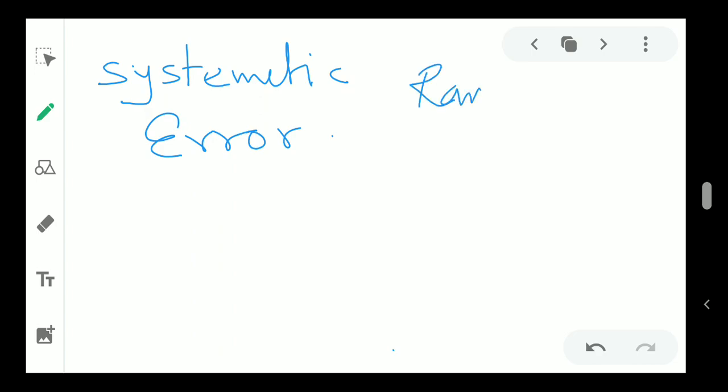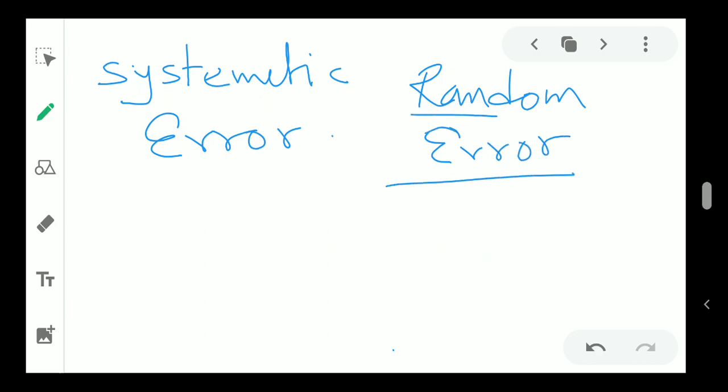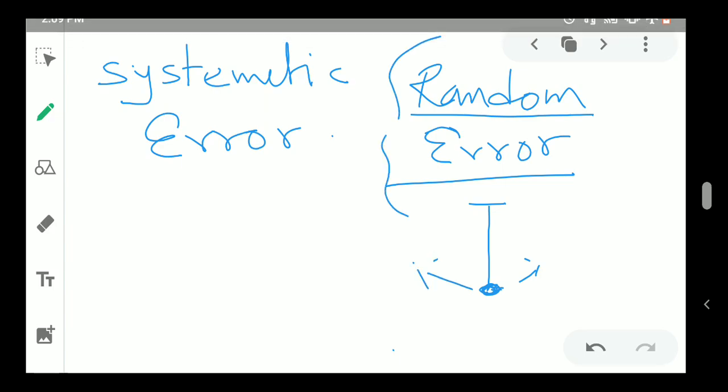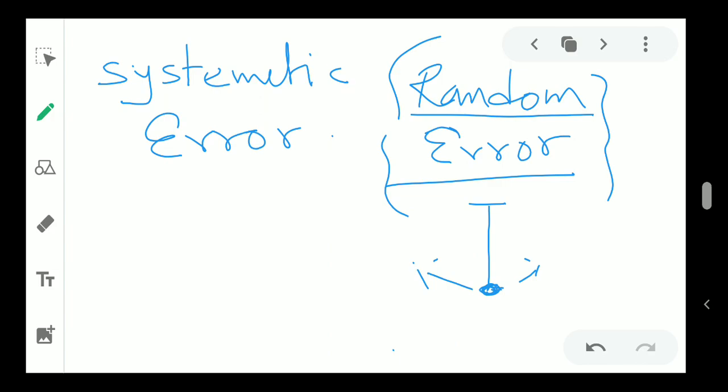Now talking about random error, I'll say that this error we have no control over it. This random error can be due to many things. Let's say you are measuring the time period of some pendulum. In that case, what will create the random error? The random error will be created by any vibration on the suspension system, also air.